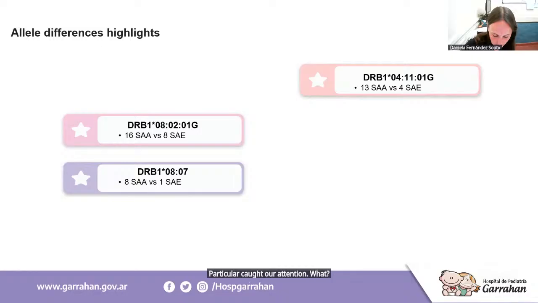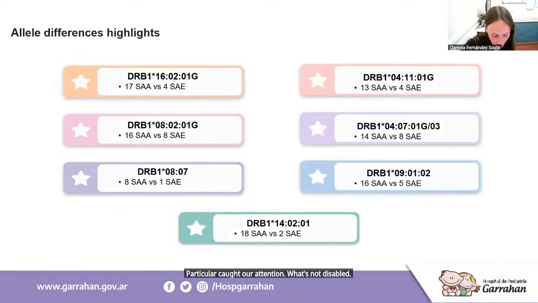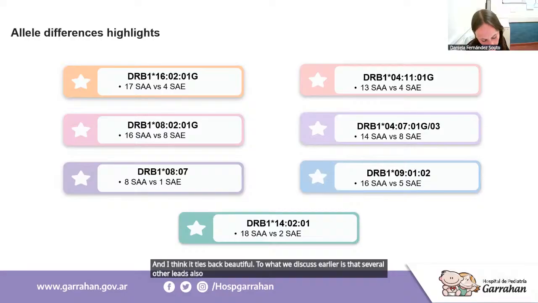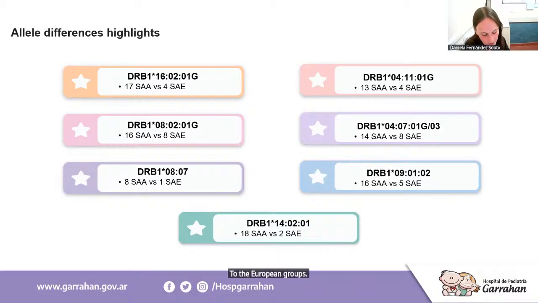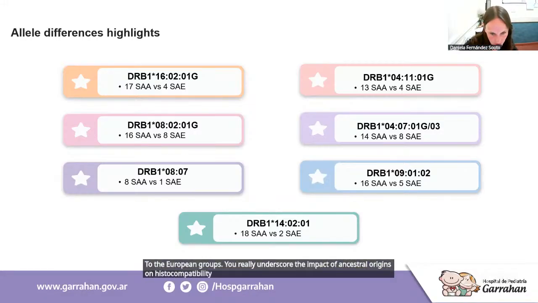What's noticeable, and I think it ties back nicely to what we discussed earlier, is that several other alleles also had a marked predominance in Amerindian groups compared to the European groups. It really underscored the impact of ancestral origins on histocompatibility profiles.